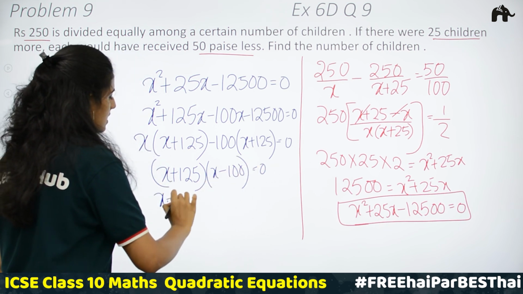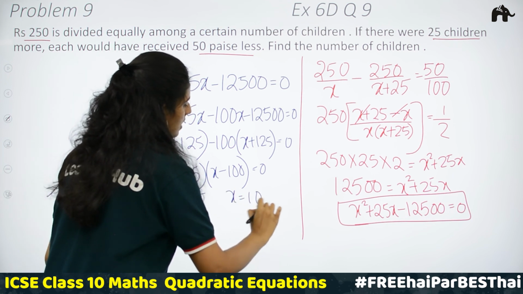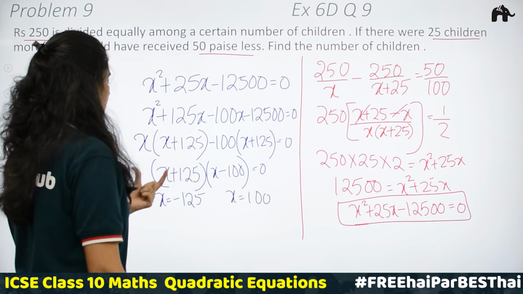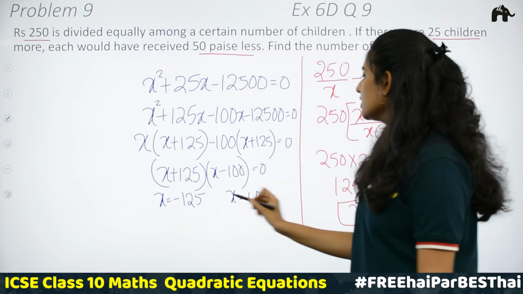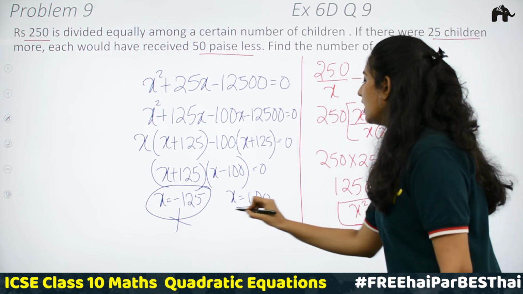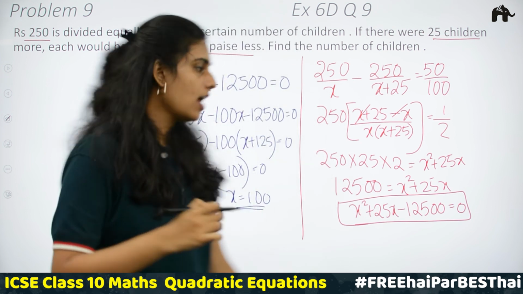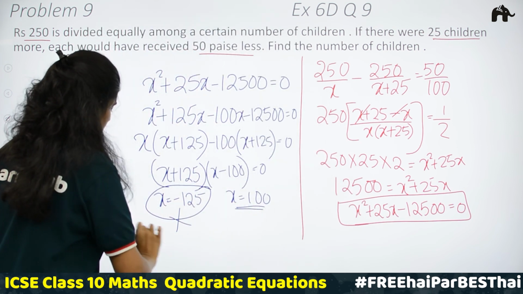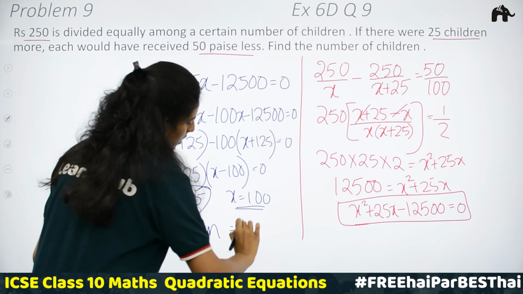That is, x is either equal to minus 125 or x is equal to 100 when you apply the zero product rule. Can x be negative? What is x? X is the number of children. Number of children cannot be negative. This value is neglected. Then the value of x is 100. Therefore, the number of children is equal to 100.